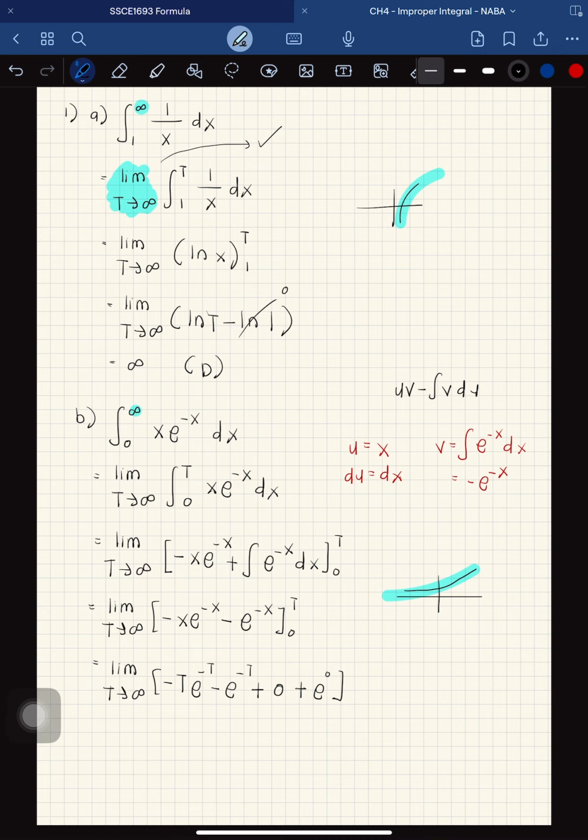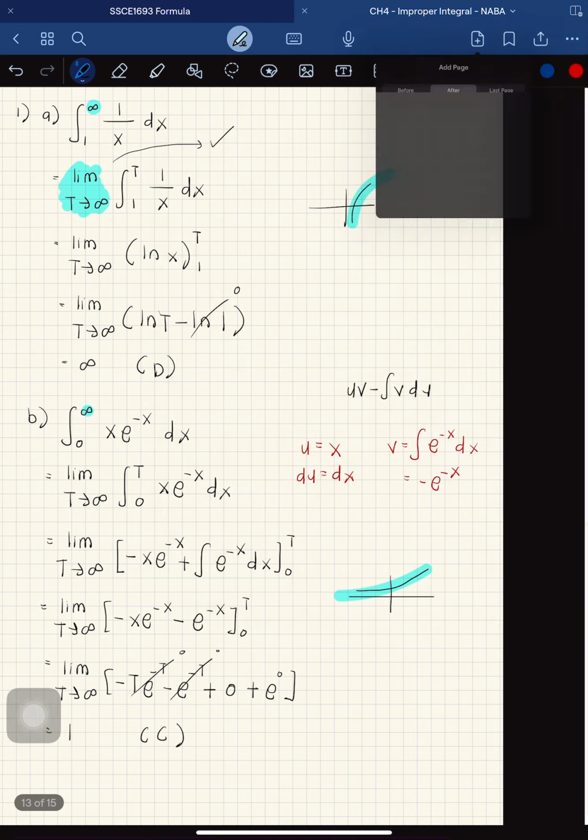Therefore this part equals 0. So the answer is 1, converge. Okay, and then question number C.